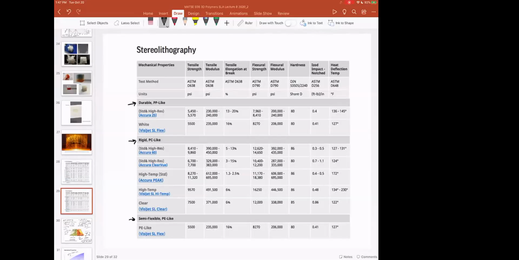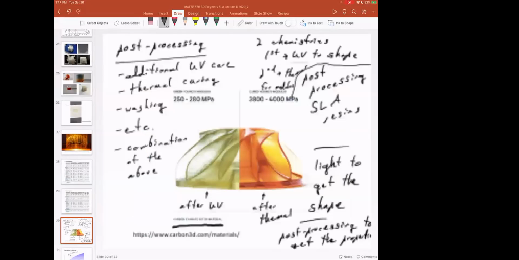So we briefly touched on cyanoacrylate. We're going to talk about that in a second.